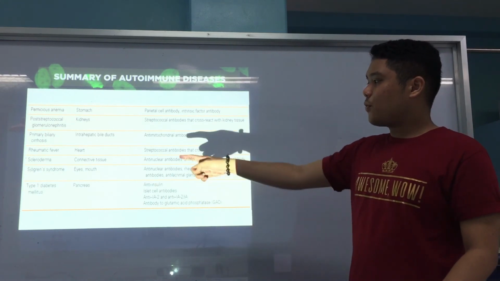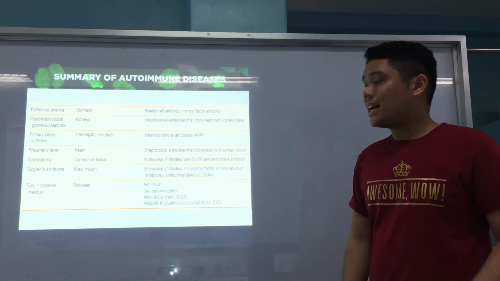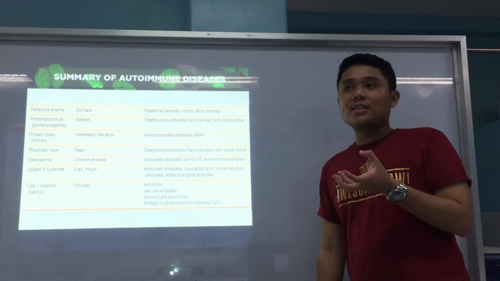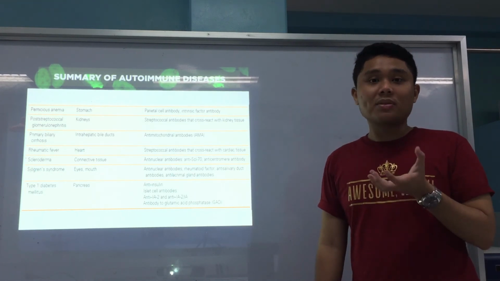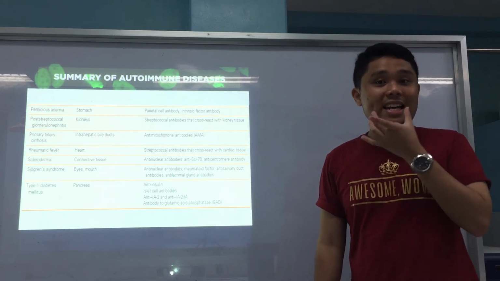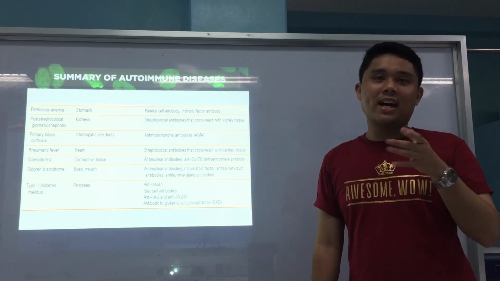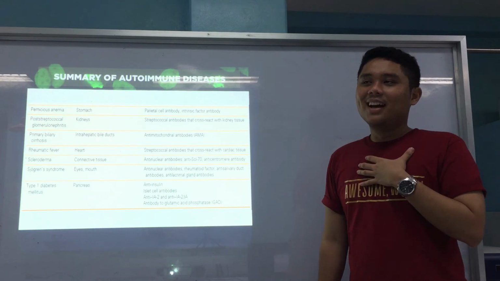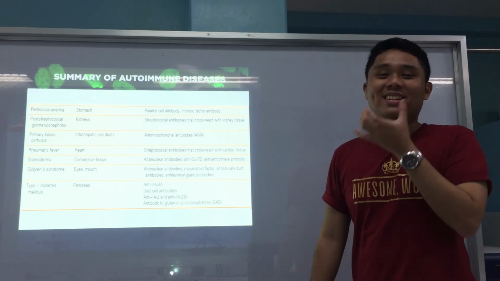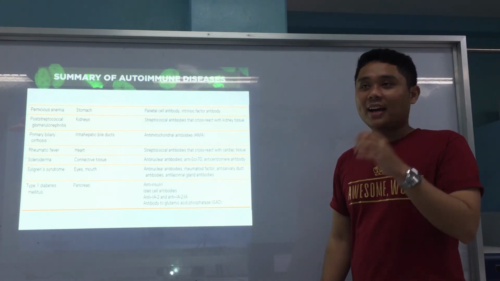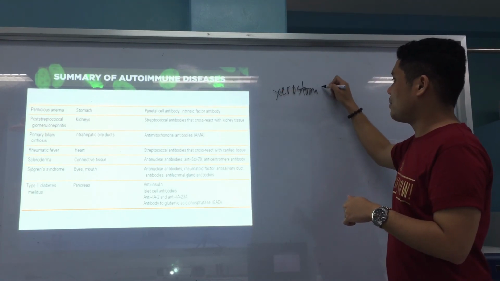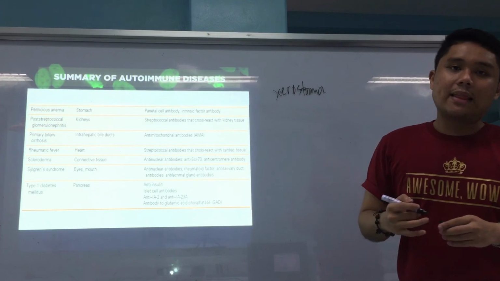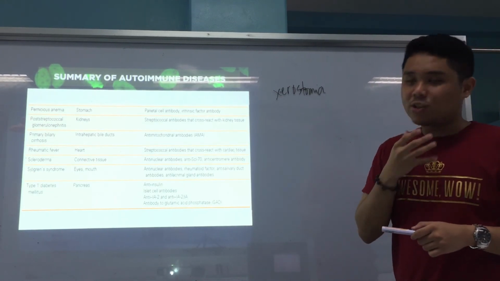anti-Scl-70. And then for Sjogren's, you have eyes and mouth. For Sjogren's syndrome, one of its symptoms is the continuous dryness of your mouth and eyes. That's known as xerostomia, if I'm not mistaken, drying of the mouth.